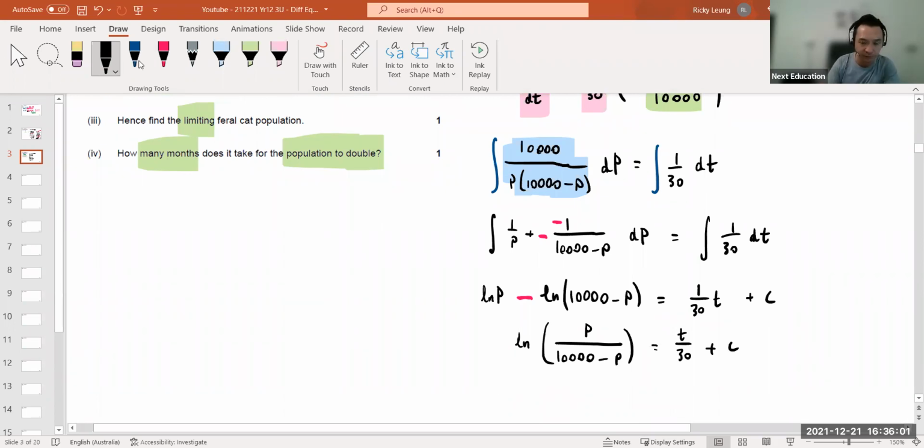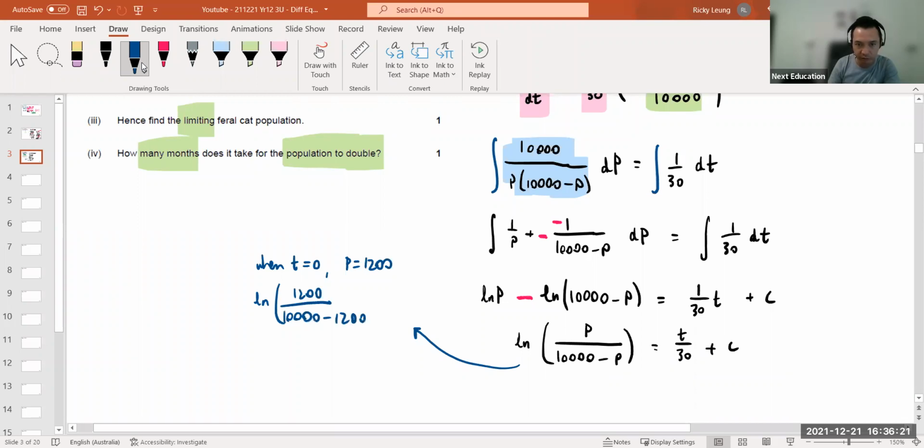So, you know what? I'm just going to save a bit of space. I'm just going to pop over here a bit. So when t equals 0, the population is 1,200. If you sub it into there, it becomes ln 1,200 on 10,000 minus 1,200 equals, t equals 0 is gone, C. Yeah, so you sort of get C equals ln, what's that, guys? 12,000 on 88,000.